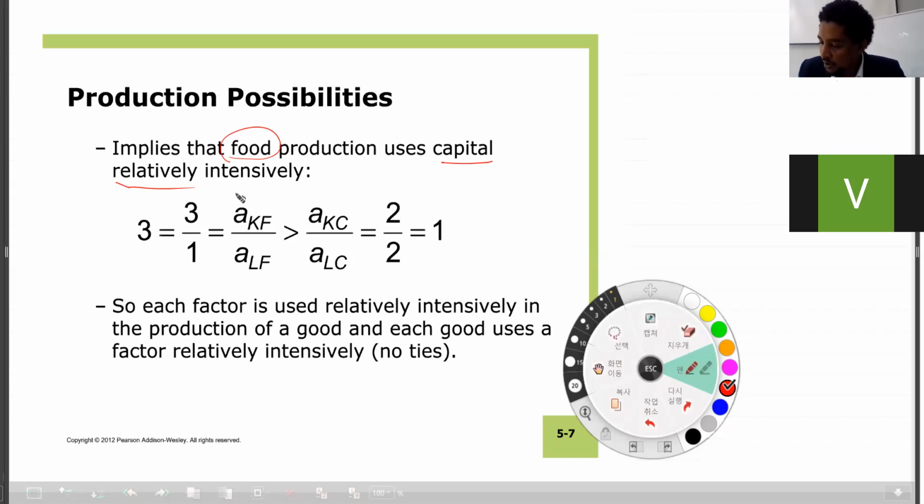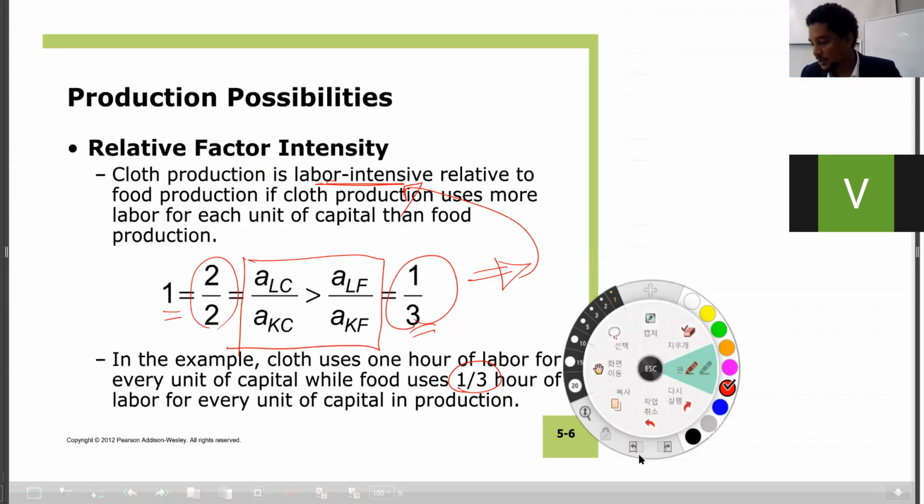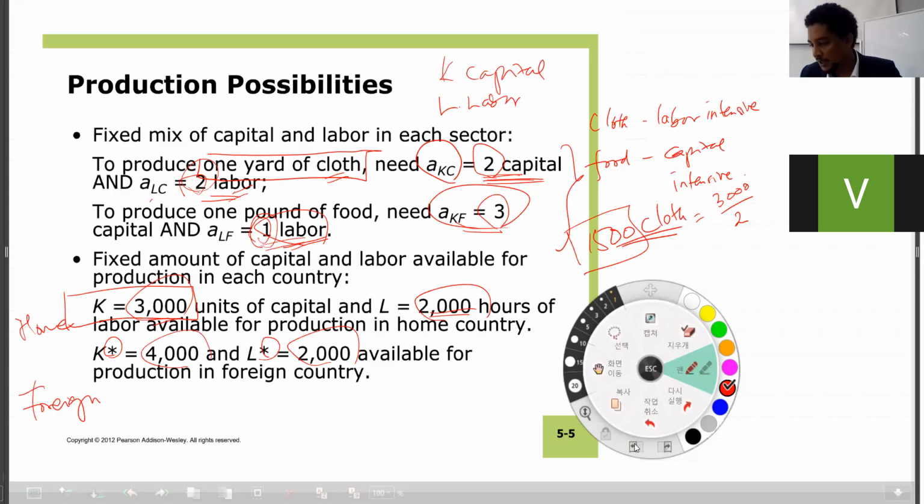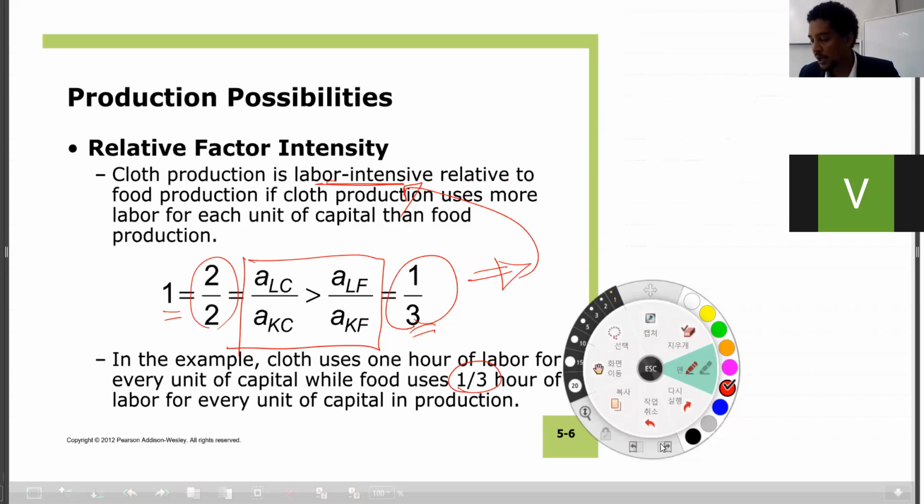You can see the ratio here, or simply from the example we saw previously: 2 units of capital are required to produce 1 yard of clothes, but 3 units of capital are required to produce 1 pound of food, which shows that food is more capital intensive as compared to clothes.